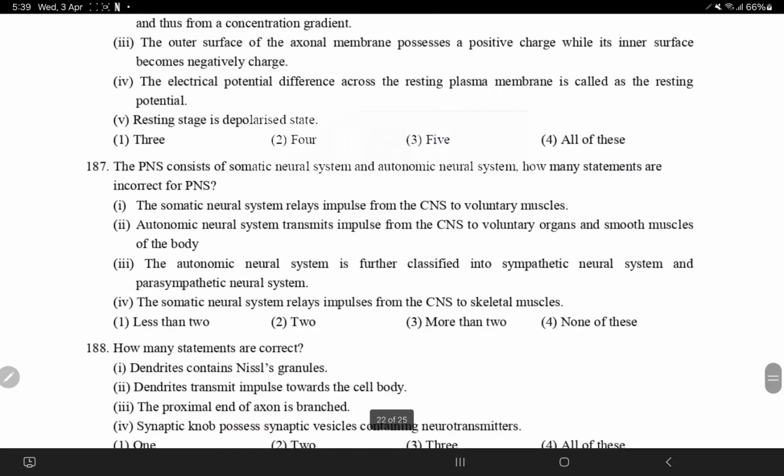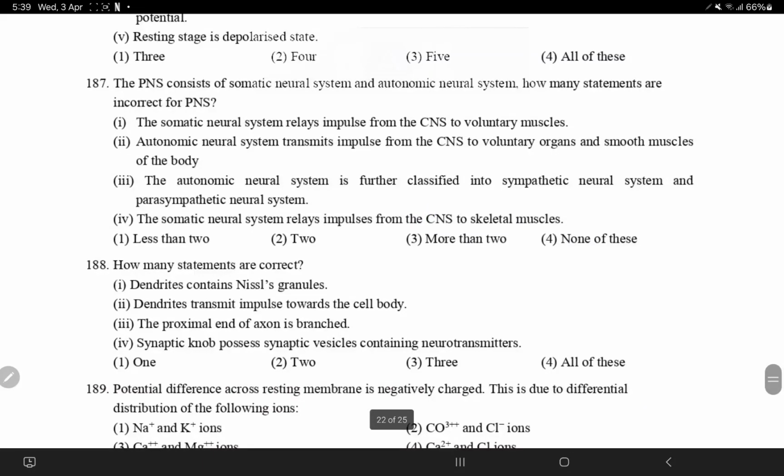The PNS consists of somatic nervous system and autonomic nervous system. How many statements are incorrect for PNS? The somatic nervous system relays impulses from CNS to voluntary muscles, right? Autonomic nervous system relays impulses from the CNS to voluntary organs and smooth muscles of the body.